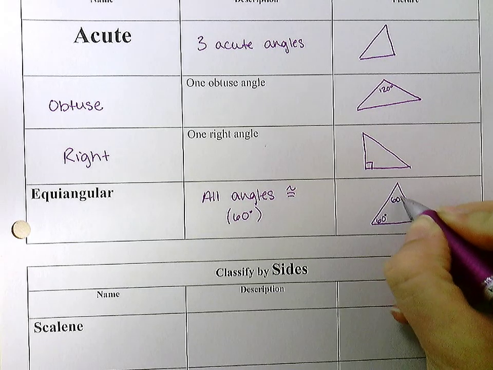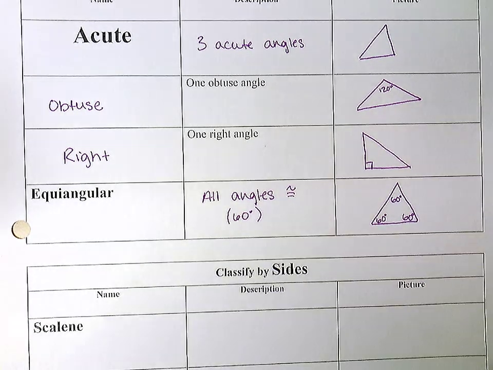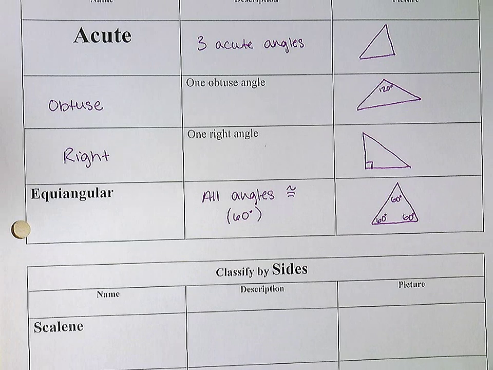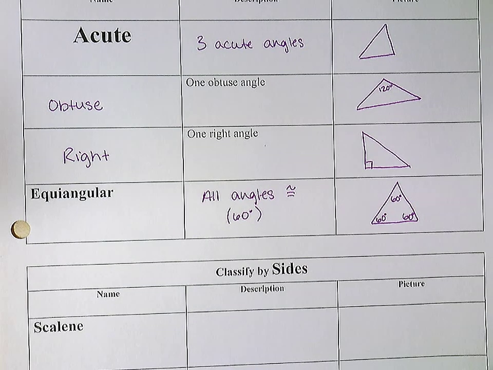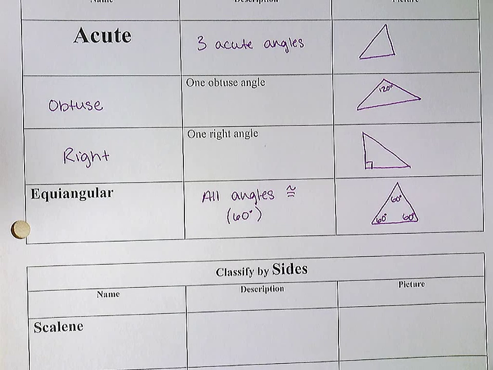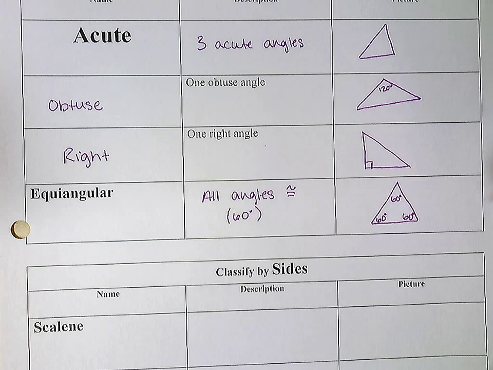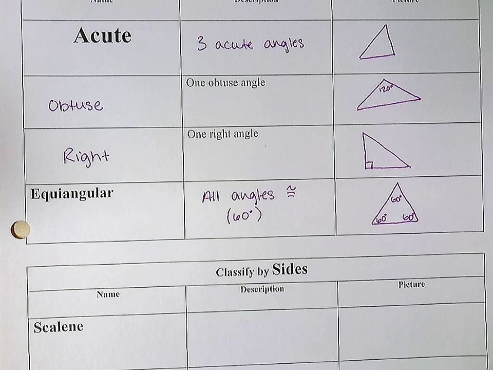So all 3 of those angle measures here would be 60. Now, I wouldn't call this an acute triangle. It's not an acute triangle, even though all 3 of your angles are less than 90. It is more specifically an equiangular triangle because they are all the same. Does that make sense? So those are your 4 different classifications by angles.